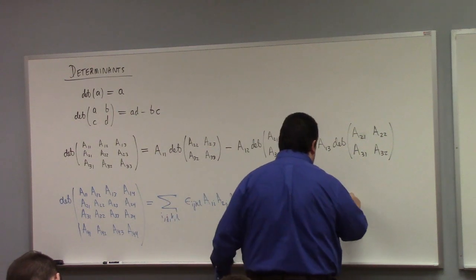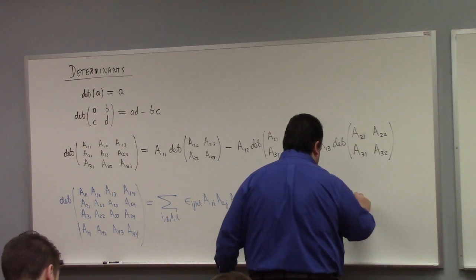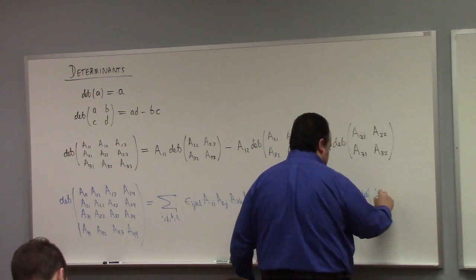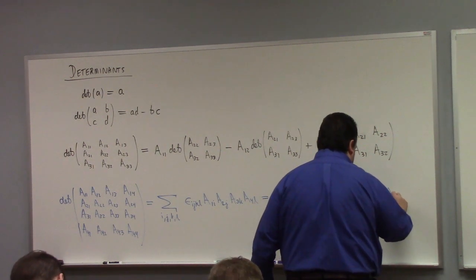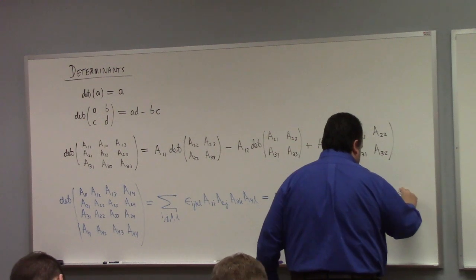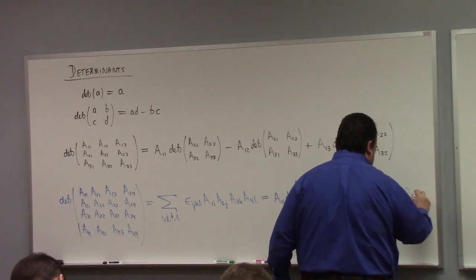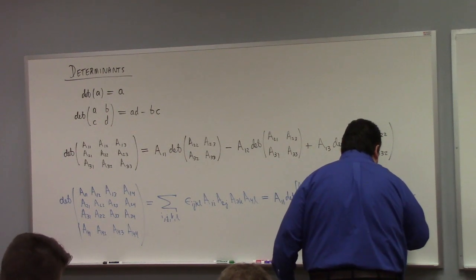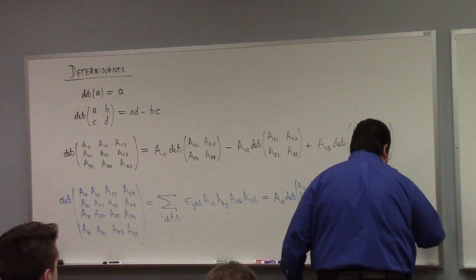All right, then there's minus A12 times the determinant of a 3-by-3, plus A13 times the determinant of a 3-by-3, and then minus A14 times the determinant of a particular 3-by-3.